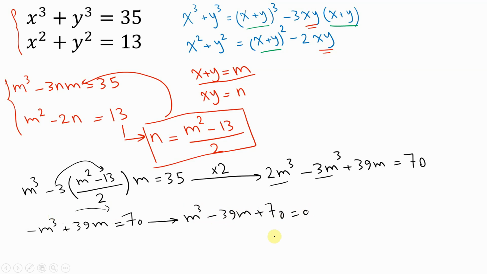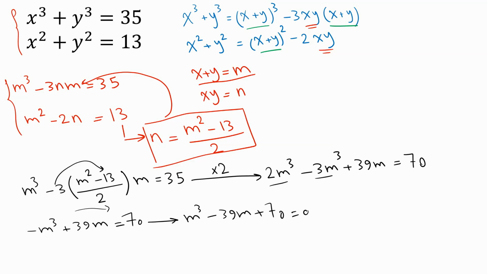Now, if you look at this carefully, just have a moment, or you can pause the video and think about it. What is the obvious root for this cubic equation? Because this is the third order, we don't have, for example, the delta method for finding roots of this equation. But maybe you want to try out trial and error. You can try 1.